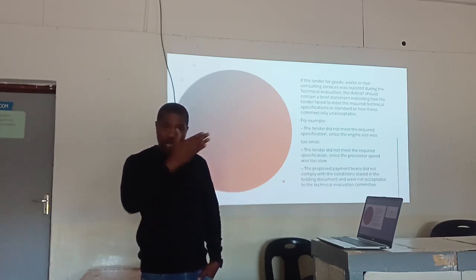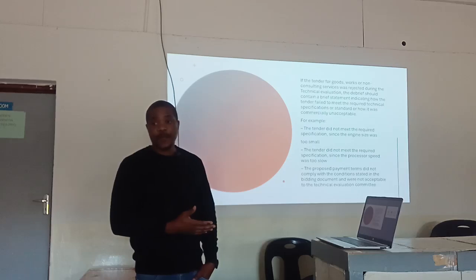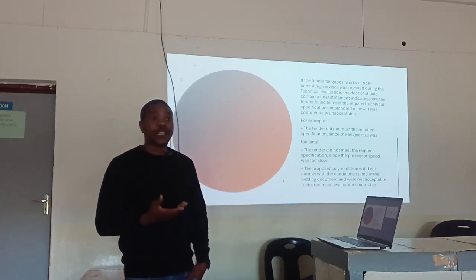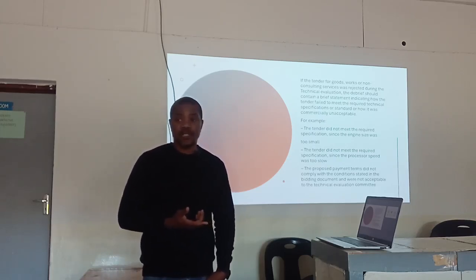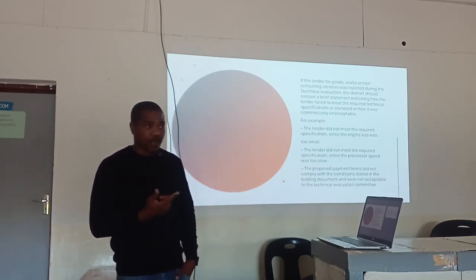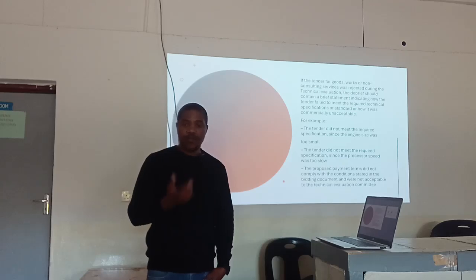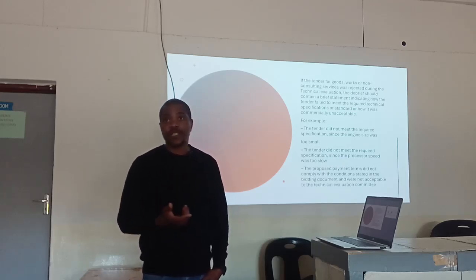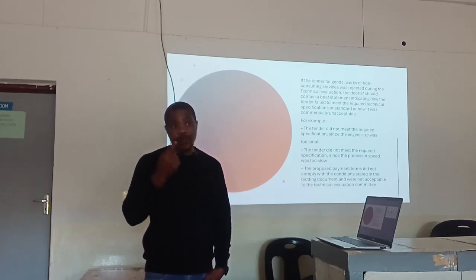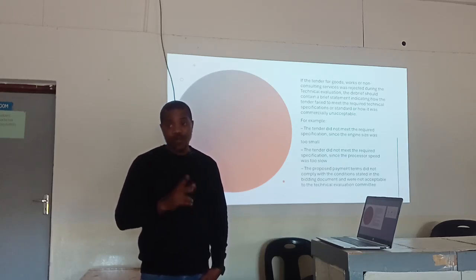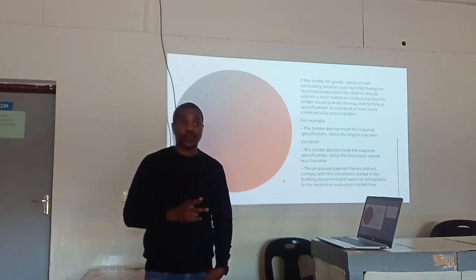We look at the second bidder. Financial capacity, maybe they did not comply by giving you financial statements. We wanted 3 years of bank statements. They only provided 1 year's bank statement. So these are the things that you have to look into.